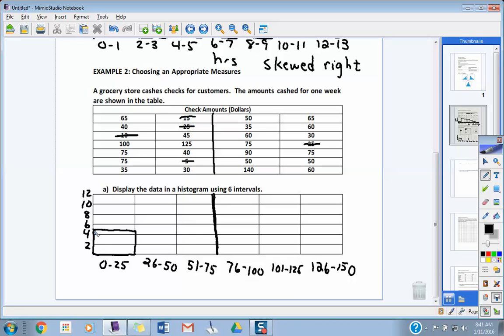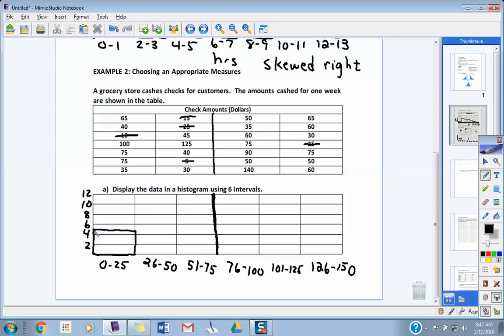All right. So here's my question. On this frequency table right here, the dollar amount values that we have in this table, who would be willing to count the number of checks that were cashed between $26 and $50? Who would go through and do that one for me, this interval? All right, McKenna's got that. 51 to 75. Who would go through and count the number of checks between $51 and $75?